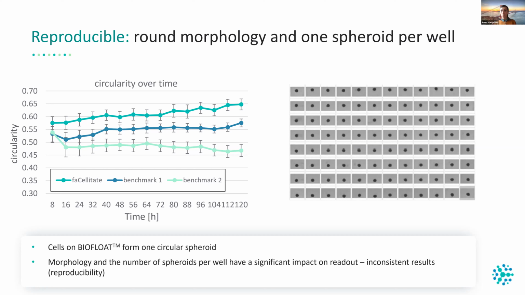Furthermore, in the bioflow plates, only 1 spheroid per well was formed. The number of spheroids per well, as well as the morphology, have a significant impact on the readout. So it can lead to inconsistent results, which impacts the reproducibility of your assay.